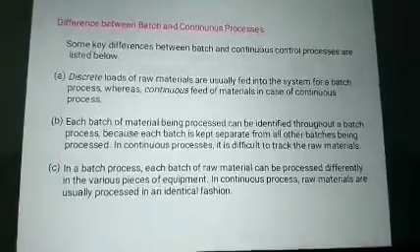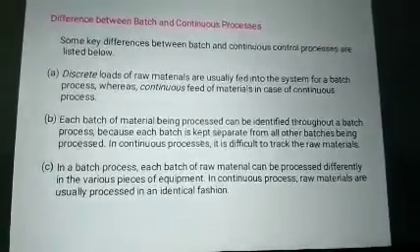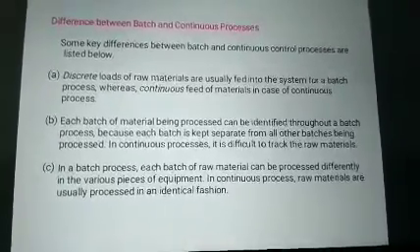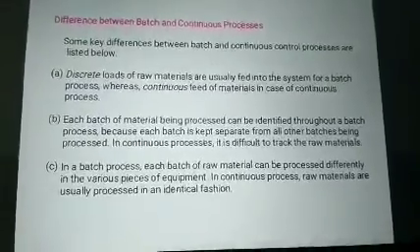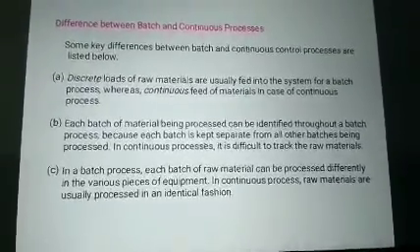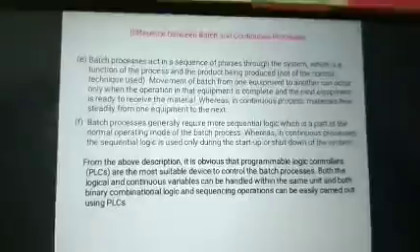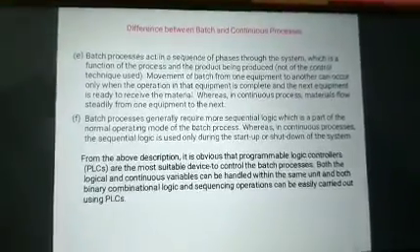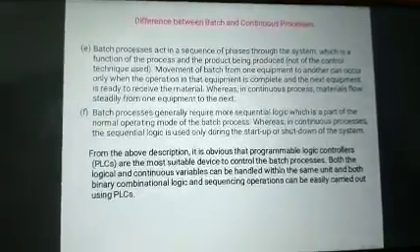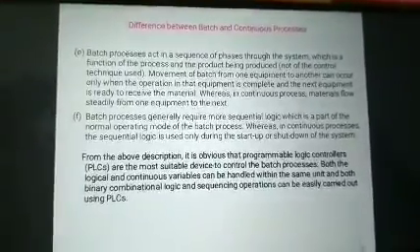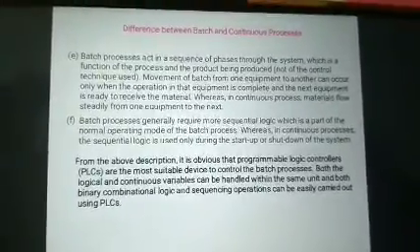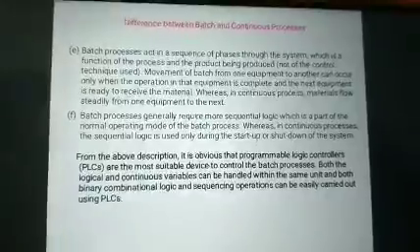In a batch process, each batch of raw material can be processed differently in the various pieces of equipment. But in a continuous process, raw materials are all processed in identical fashion. Now, all batch processes act in a sequence of phases throughout the system, which is a function of the process and the product being produced, not of the control technique used.